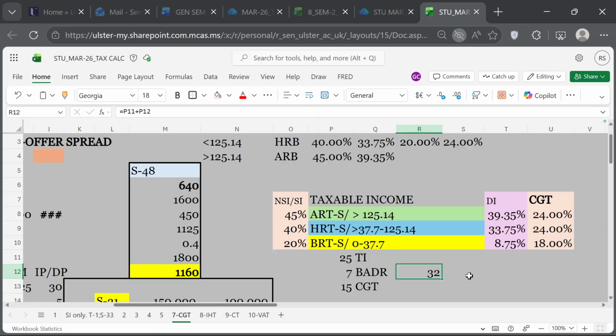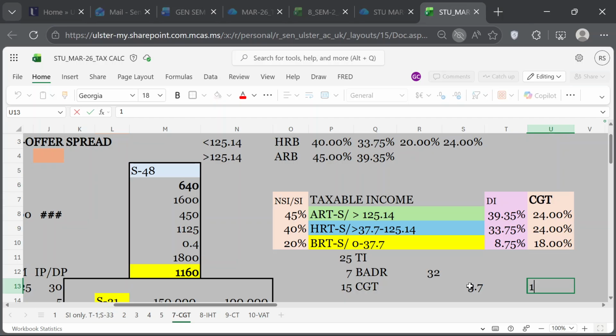Okay, so that means you have only 5.7 left in the basic rate band. All right. So of your 15, the CGT, 5.7 of that will get taxed at 18%.